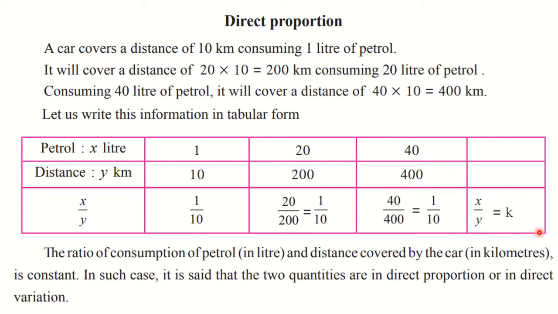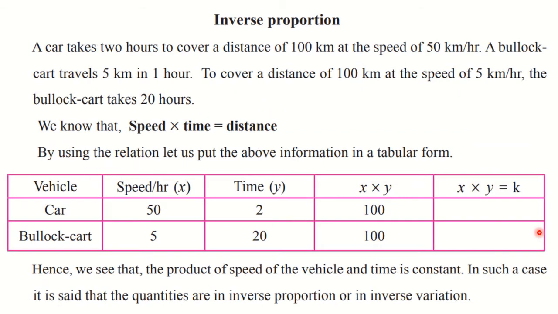Let us see now the inverse variation or inverse proportion. The same example we will take of the distance, but here in place of the liters of petrol we are taking the speed. A car takes 2 hours to cover the distance of 100 kilometers at the speed of 50 km per hour.